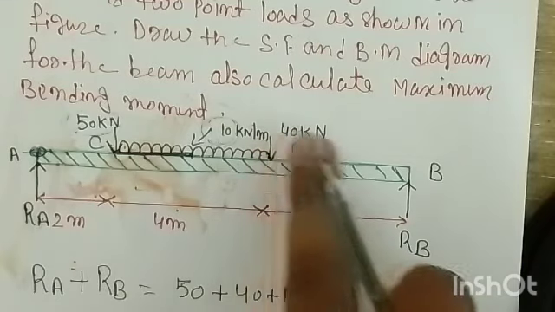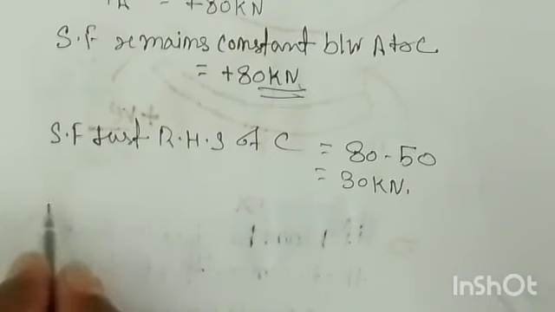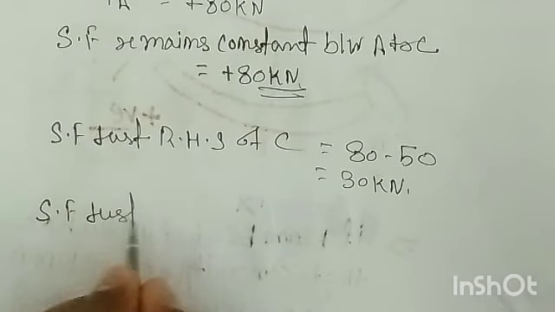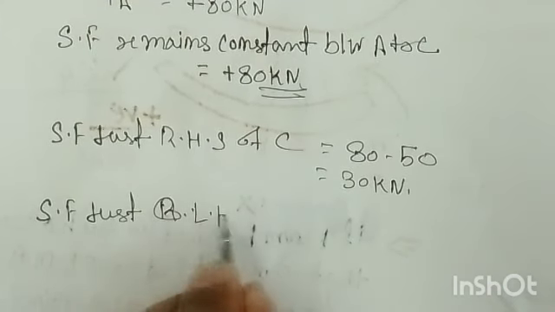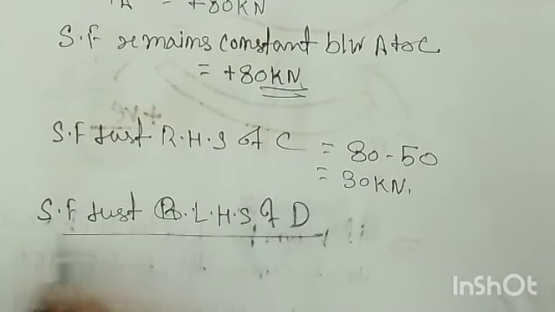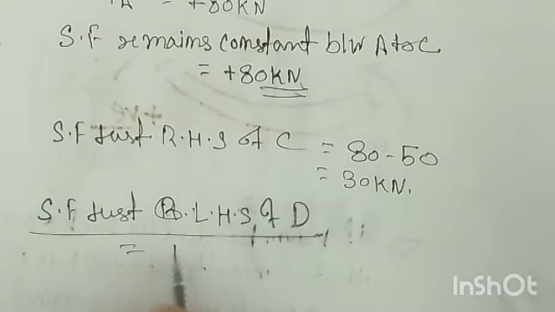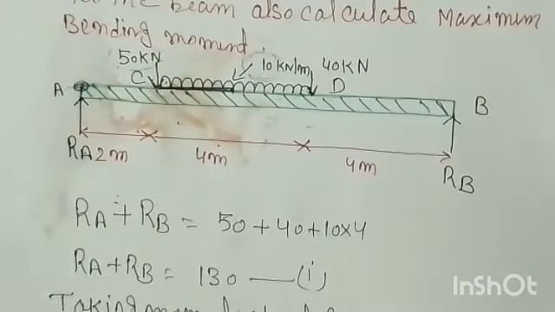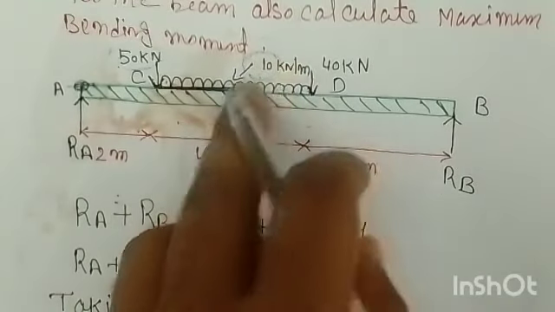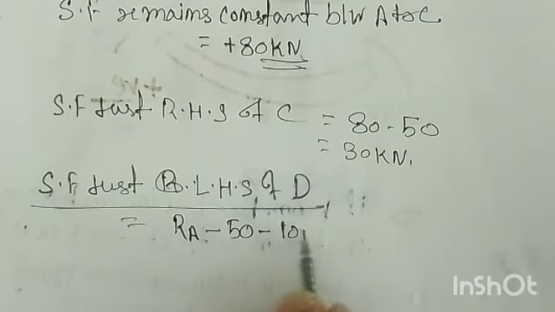For the point load you use the RHS of D. So the shear force just LHS of D is RA minus 50 minus 10 into 4.